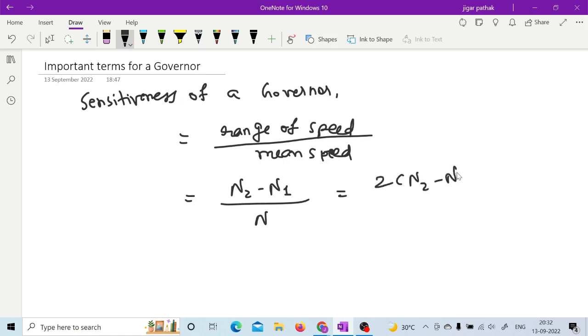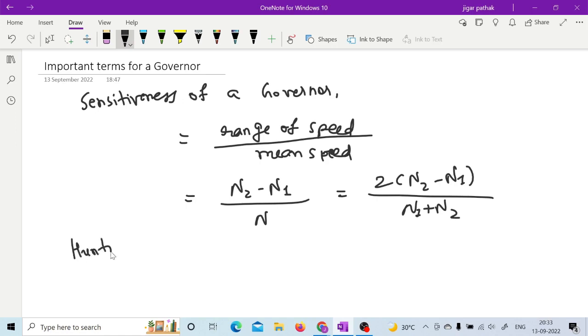So you can write it as 2(n2 minus n1) upon (n1 plus n2). So the sensitiveness of a governor is an important thing. Through this you can have an idea of how sensitive your governor is. It means how the change of speed will result in the change of fuel supply, right?